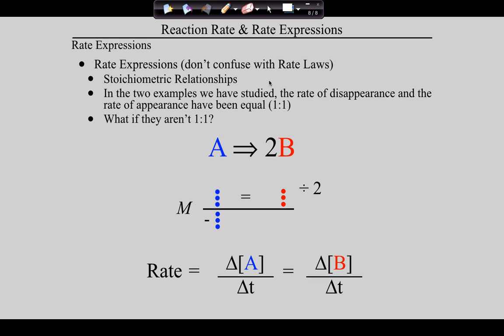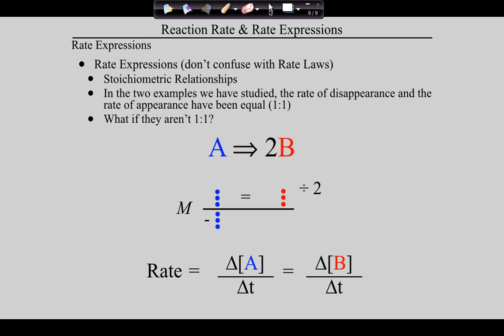Remember, rates are just change in molarity, change in time. But here's the problem, guys. This isn't actually true. These are not actually equal. They're not even proportional yet. Guys, they are actually not equal.